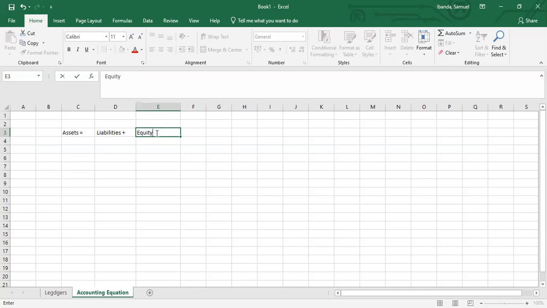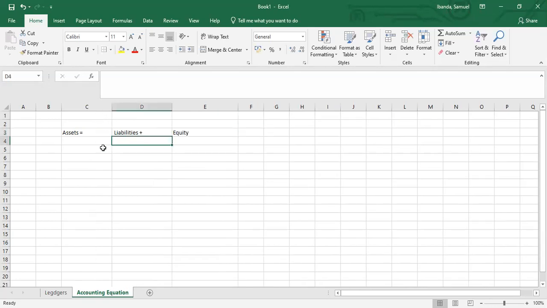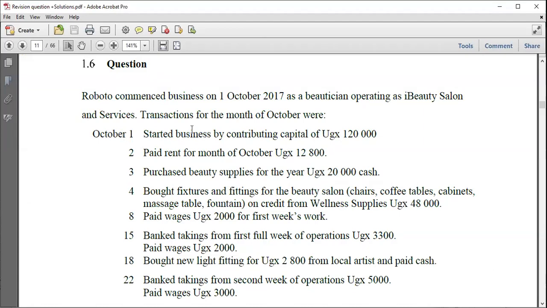Once you have your accounting equation there, yours is to go back to the transactions and find out how each transaction will affect our accounting equation. So if we go back to our question, the first transaction says we started a business by contributing capital of 120,000.